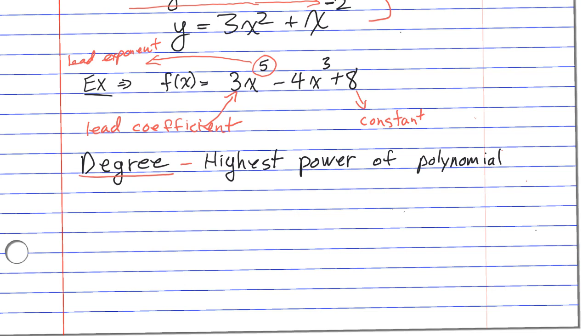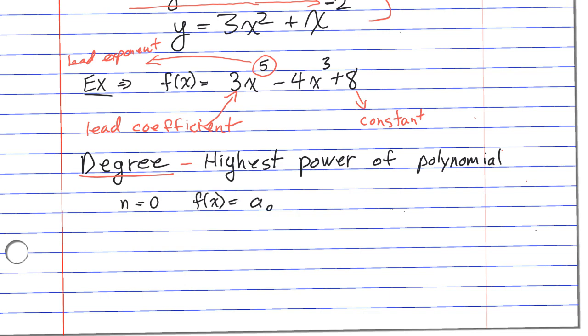Now, you've heard of this before. When you were working with quadratics, your teachers taught you about a thing called the degree. The degree represents the highest power that you see in your list of exponents in your polynomial. Now, here are some examples. You've seen them before.